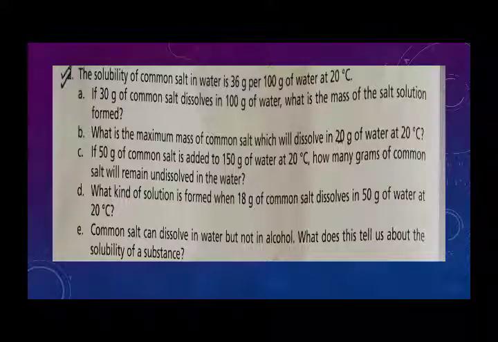Now they are asking how much maximum mass of common salt can dissolve in 20 grams of water at the same 20 degrees Celsius temperature. So what we are going to do, as we already did in our physics class, is the unitary method, the method for finding out, if some particular quantity dissolves in a particular quantity, how much of another quantity will dissolve.